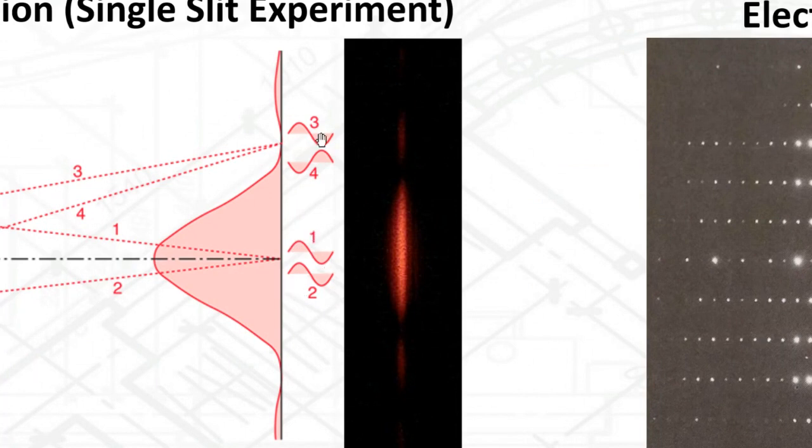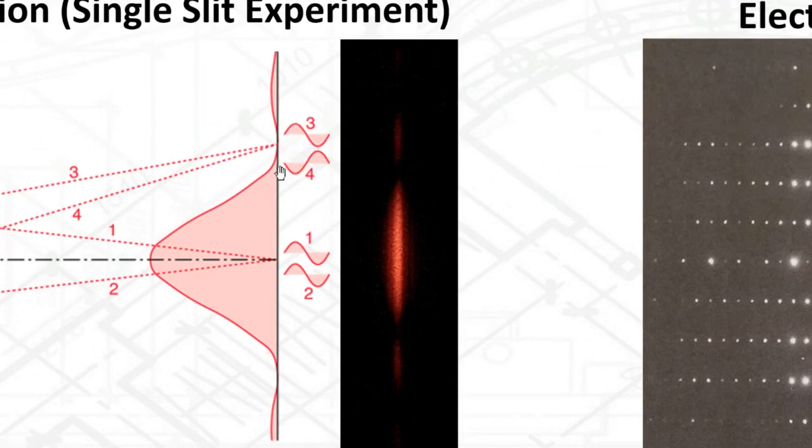If, on the other hand, you take two waves like this that are out of phase, here 180 degrees out of phase, then whenever wave 3 has a high value, wave 4 has a low value. So when you add these two functions up, you get 0.